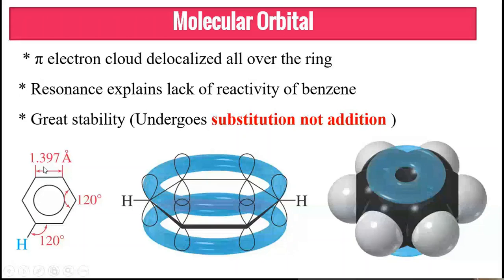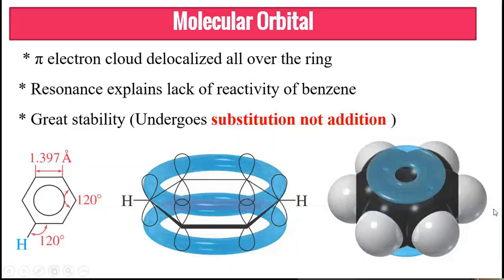So your benzene structure therefore has a bond angle of 120, which gives it the structure of a regular hexagon. And if you imagine this hexagon as one plane, you will have the p orbitals perpendicular to the plane. Since the p orbital is perpendicular to the plane, the lobes arrange themselves such that half of the lobe is above the plane and half of the lobe is below the plane.